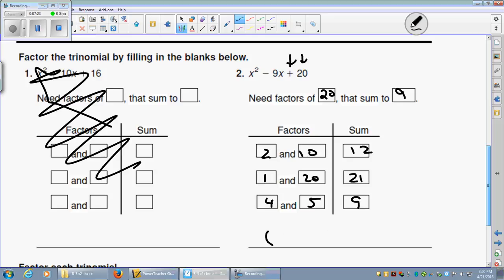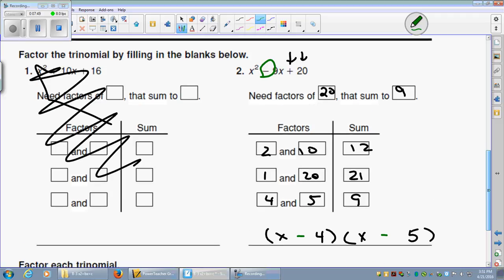So I know that my two answers are going to be x and something with 4 and x and something with 5. Last thing I need is I need this sign to go in the bigger one, negative 5. So what do I need to do with the 4? Make it a positive 4 or a negative 4 to get to negative 9? Hopefully you know that it's negative 4, because now I'll have negative 4 and negative 5, which is negative 9.